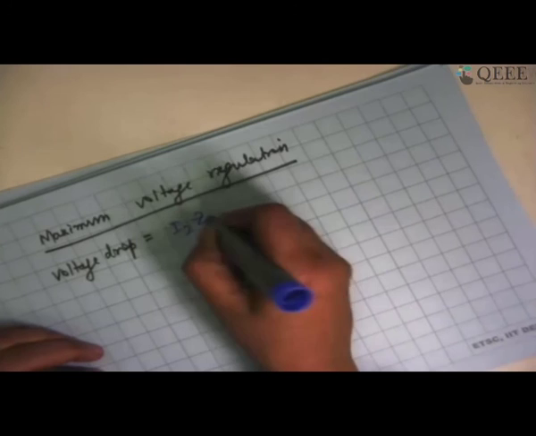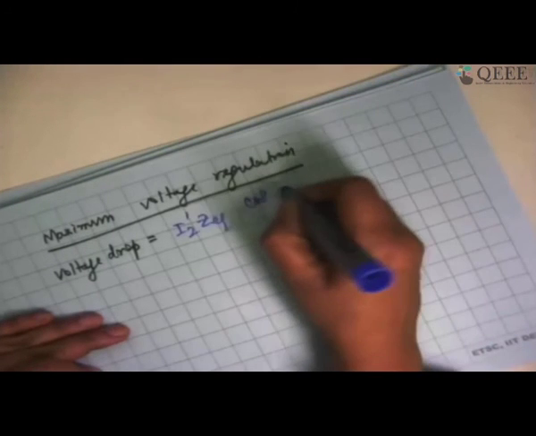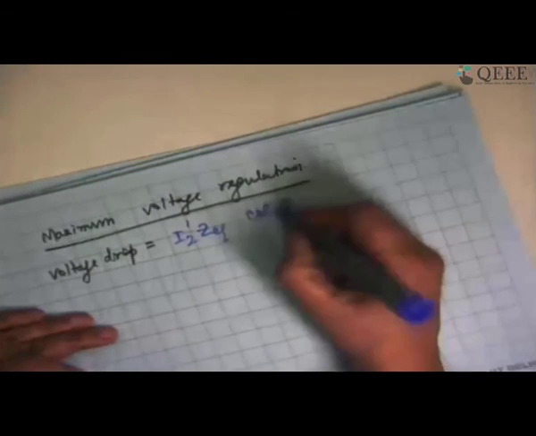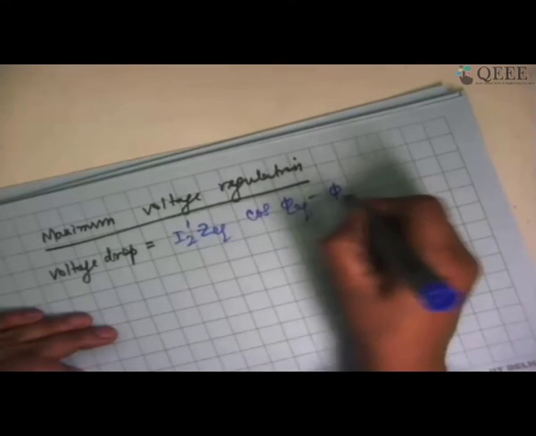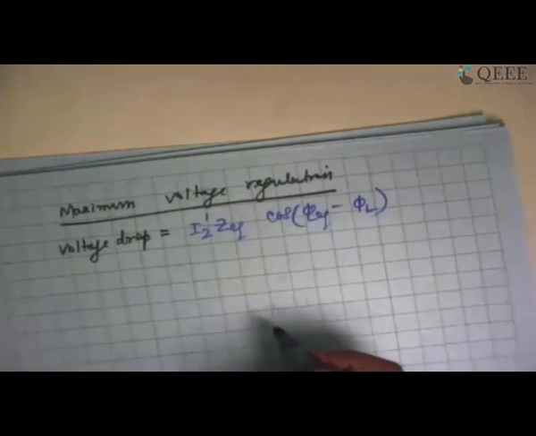So this we had said basically that the voltage drop, if you may recall, we had written the expression as I2 Z equivalent or I2 dash Z equivalent cos of phi equivalent minus phi L. This is what we had written as the voltage drop expression. When is this expression maximum?